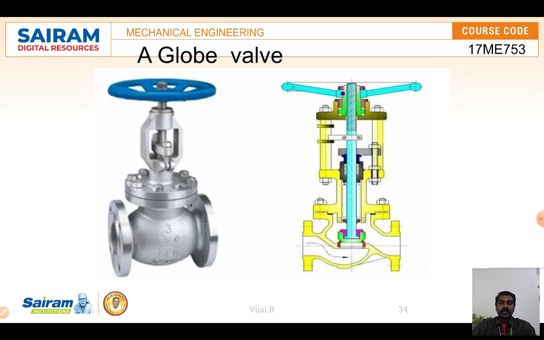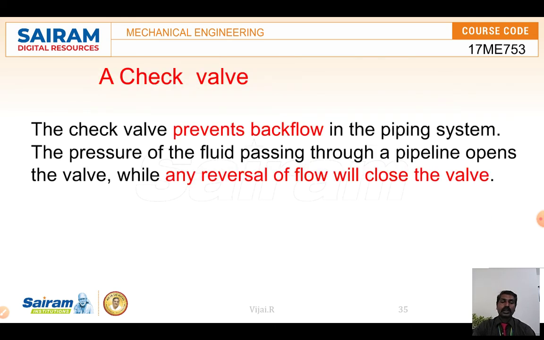We can see that the valve is operated with the hand wheel at the top. It can move up and down, and this allows a gap, making the fluid flow through a small area. So at the inlet, where the arrow is, the water or liquid comes in, and by using the hand wheel clockwise and anti-clockwise, this rod can be moved up and down so that it can control the flow.